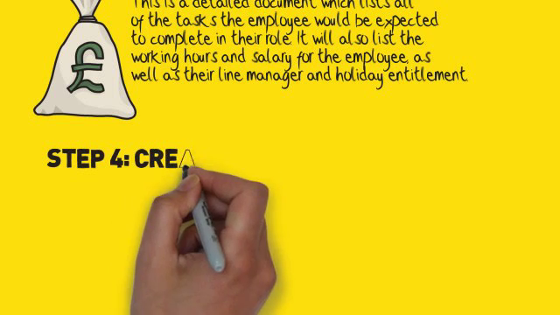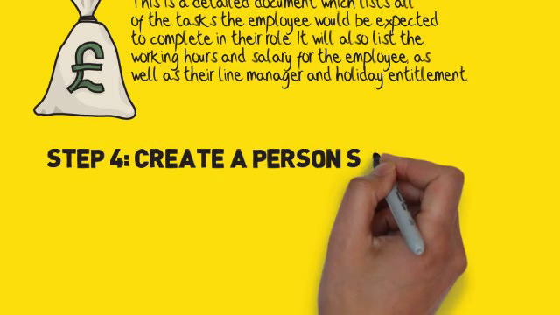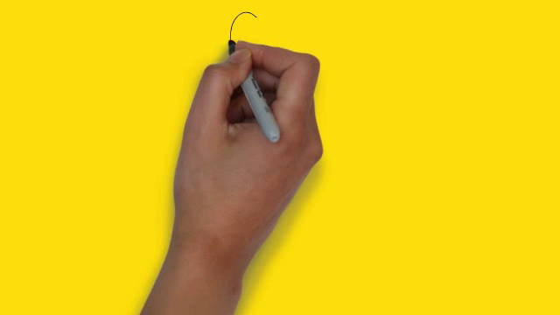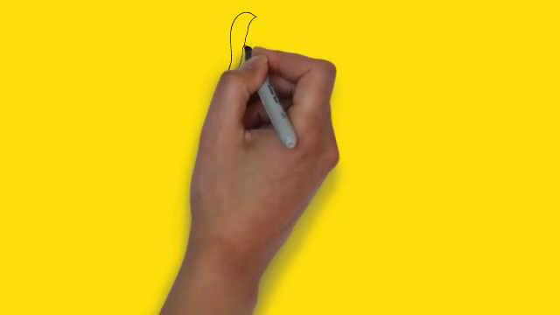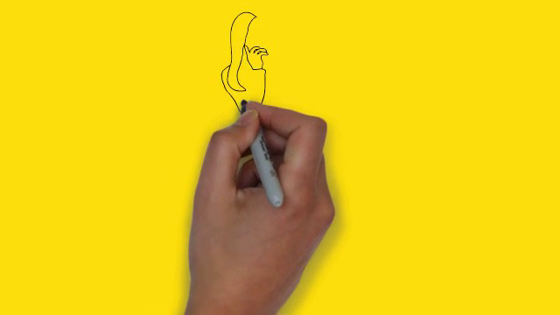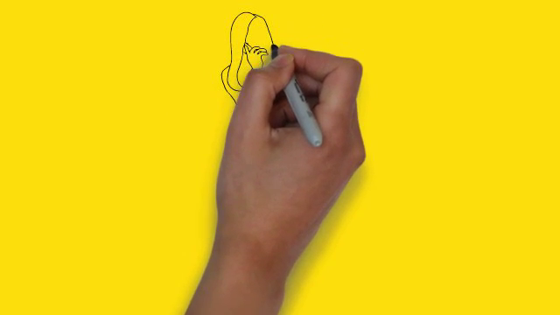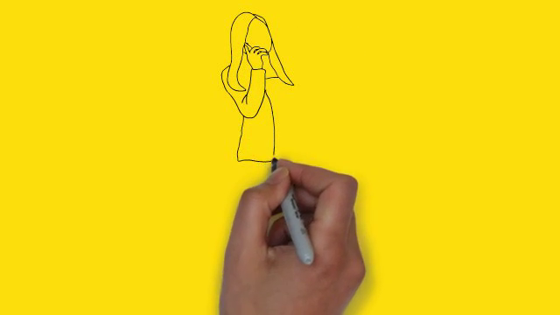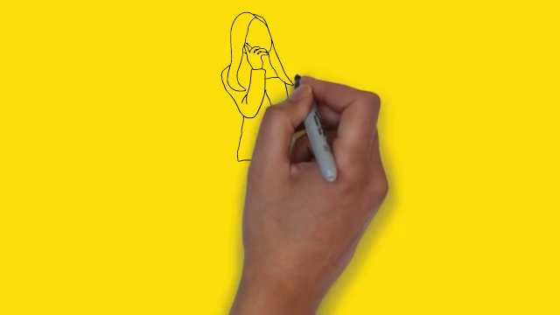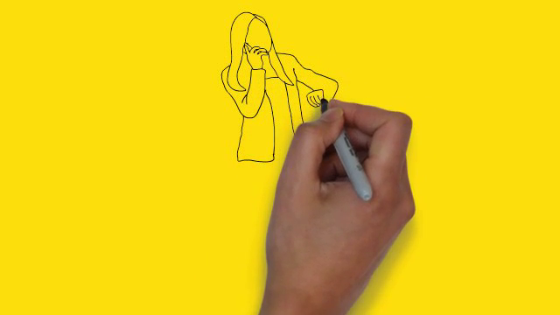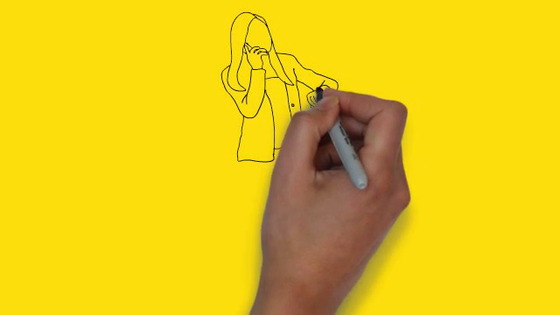After we've created this, we use the job description to create a second document. This time we create a person specification. And this is our 4th step in the recruitment process. A person specification is a document that lists all of the qualities and all of the qualifications we would expect of the perfect person for the job.